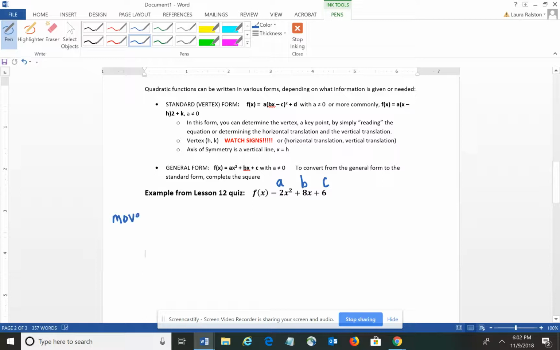With completing the square, you want to move c to the other side of the equal sign. Okay, so I'm going to do that first. So I would have 2x squared plus 8x equals, and when I move the plus 6 to the other side, it becomes negative 6.